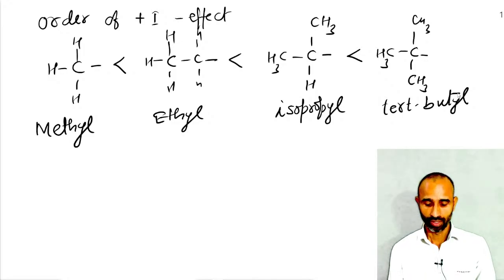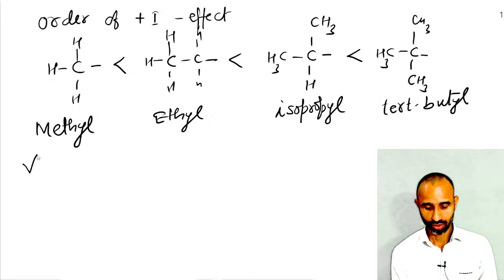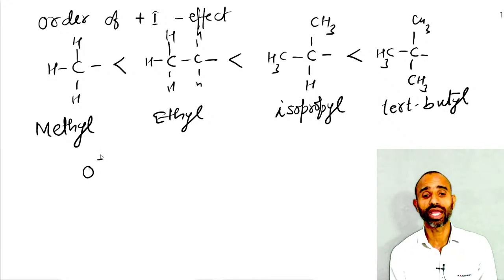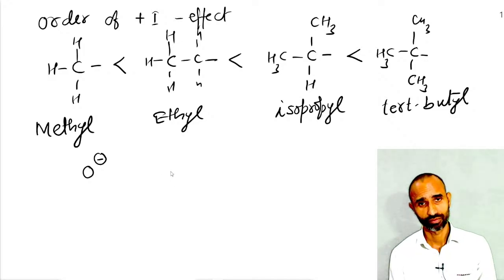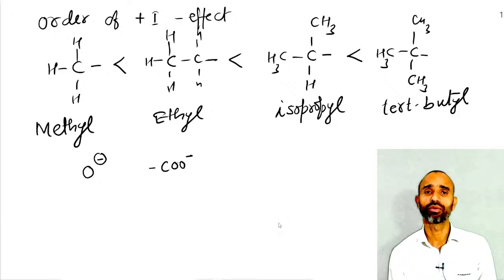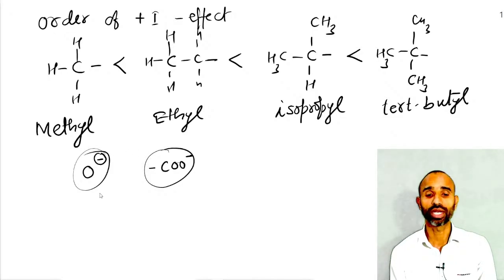Understood. So what are some other examples of electron donating groups? Like oxygen with a negative sign, or any group which has negative charge like COO negative, they are electron releasing groups.